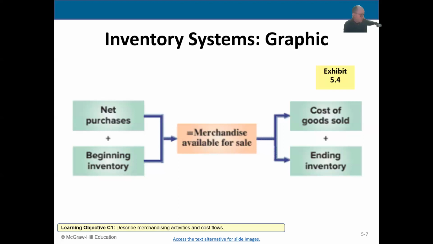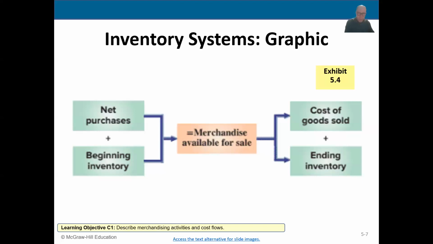We started the month with some inventory on hand, and we purchased some more. Purchases plus beginning balance of inventory equals merchandise available for sale. It's what I have on hand. It's available for sale. When I sell it, it becomes cost of goods sold. I take it out of inventory, it becomes cost of goods sold.